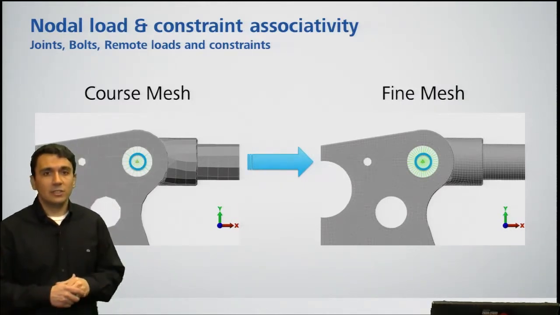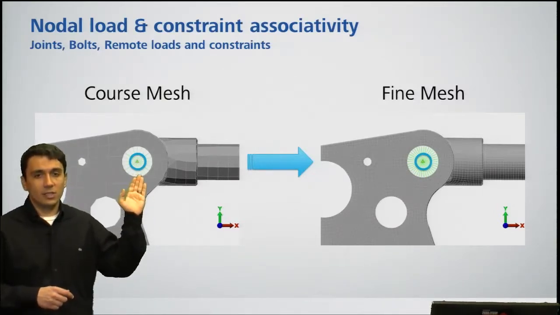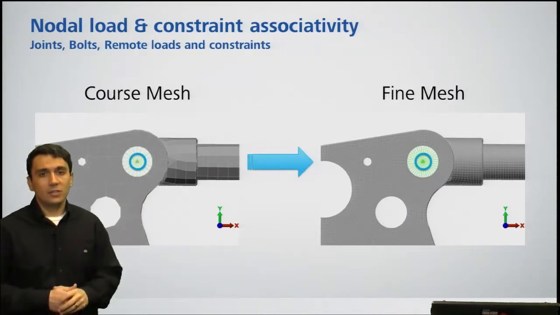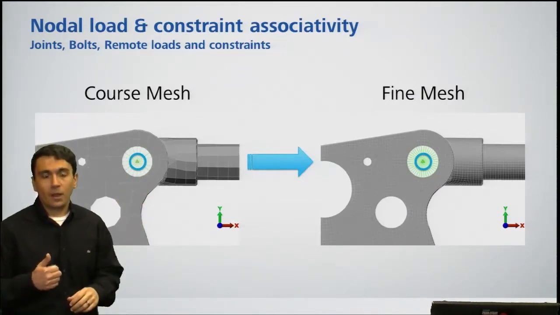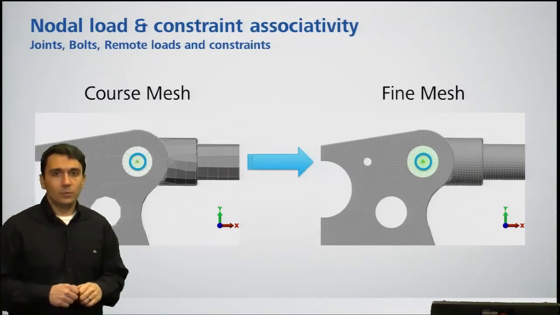So whenever you're dealing with nodal loads and boundary conditions assigned to set coordinates, such as the ones in the center points of joints, bolts, and remote loads and constraints, those will be kept in our database as associative items.